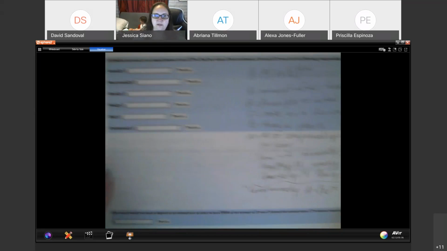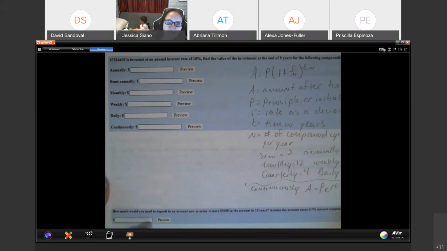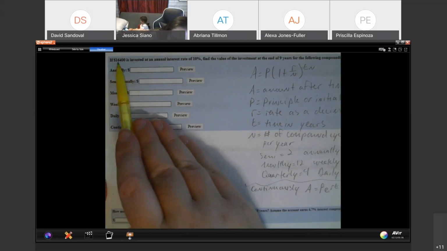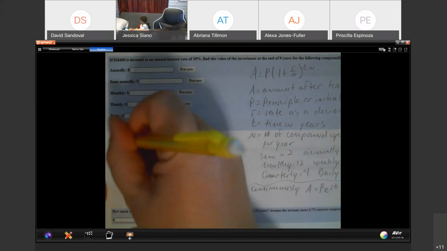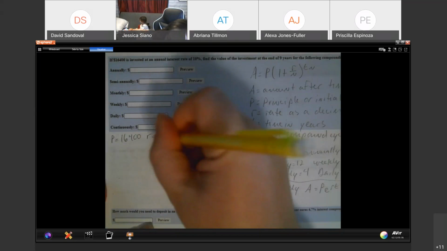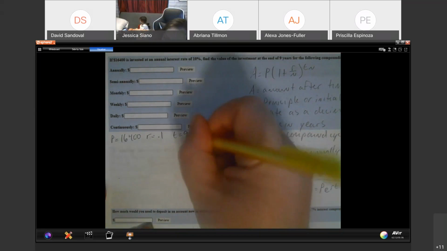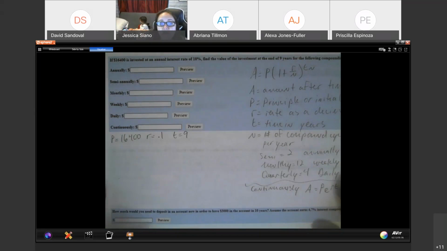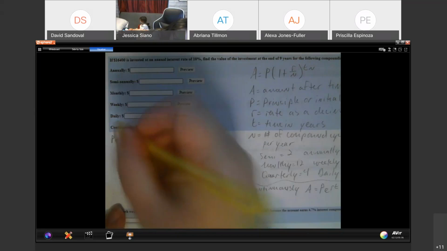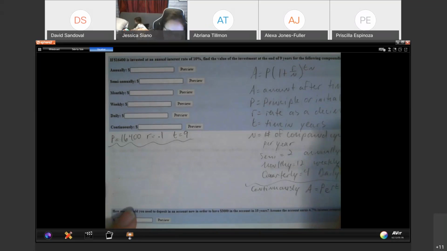So first of all, we have 16,400 as my principal at a rate of 10%. So r is 0.1. The value of the investment after 9 years, so t is 9. That's going to be the same for all of these.